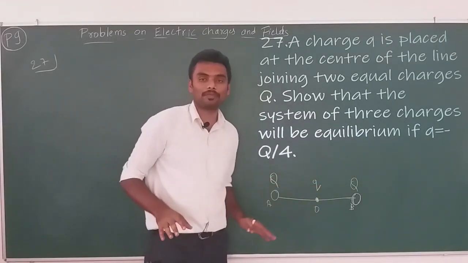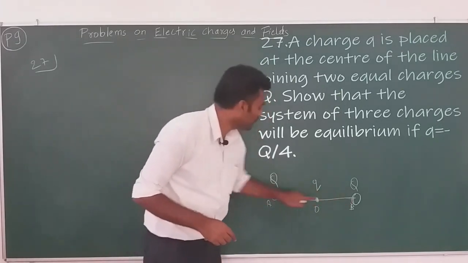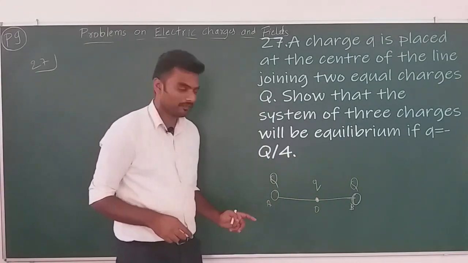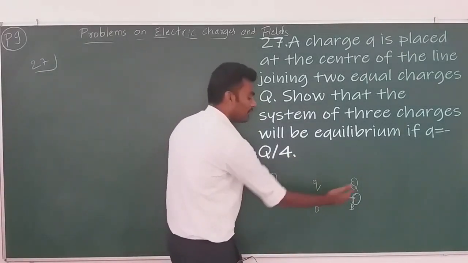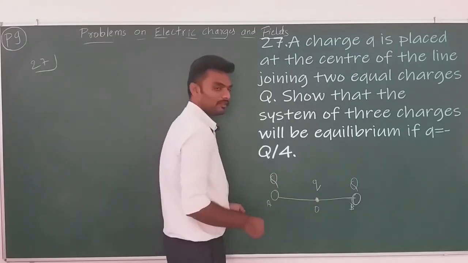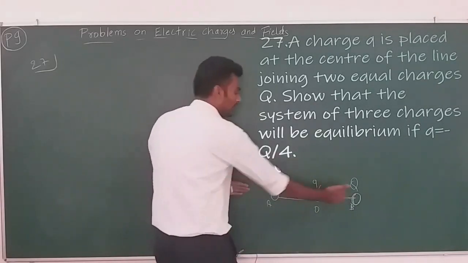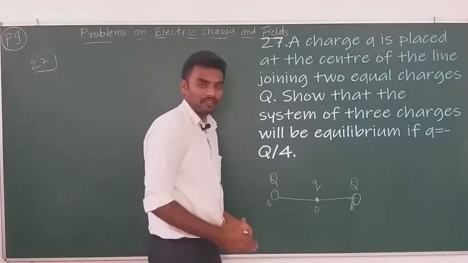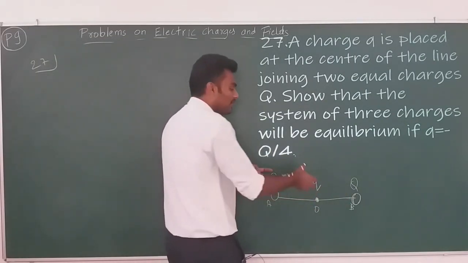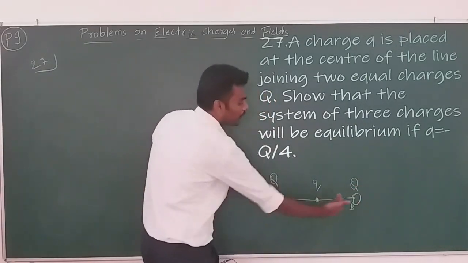Irrespective of what amount of charge you put here, the net force on the charge at the center is always 0. And now, what about these two charges? These two charges experience force on each other, right? Positive charges repel each other. So, if you put some random charge at the center, positive or negative, the center charge will be in equilibrium, but these two charges might not be. They start to experience repulsion and tend to move away from each other, accelerating in opposite directions.